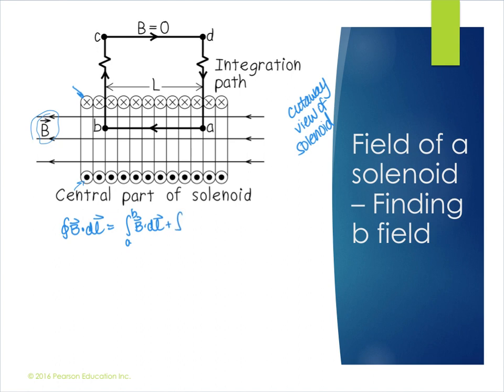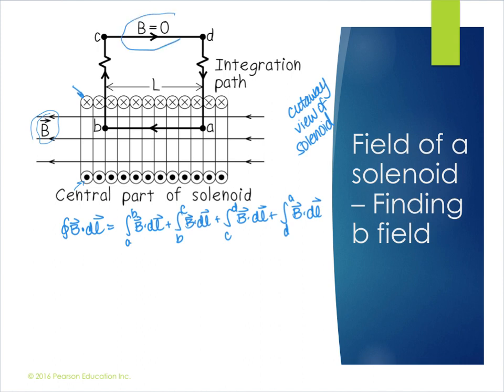Then I go from B to C, of B dot dl. Then from C to D, of B dot dl. And then I go back D to A of B dot dl. So what I've done is I've broken up the entire closed loop into 4 different parts because I'm doing a square. I want to look at some of these different pieces that might be easy to figure out.